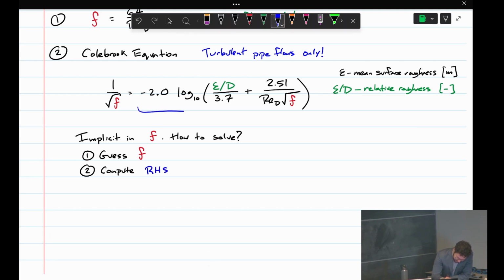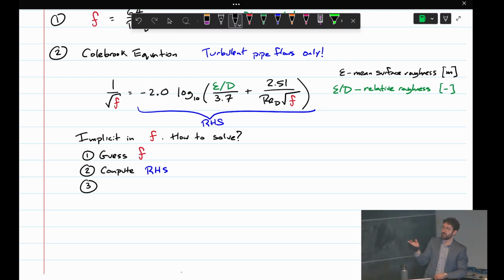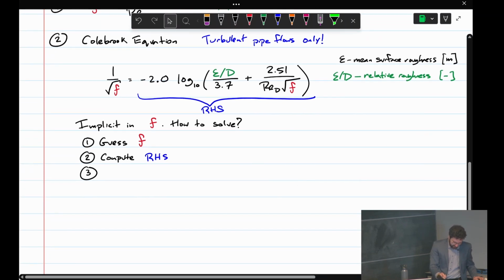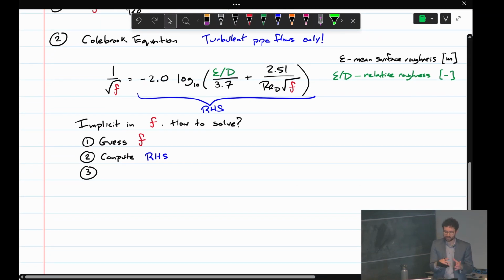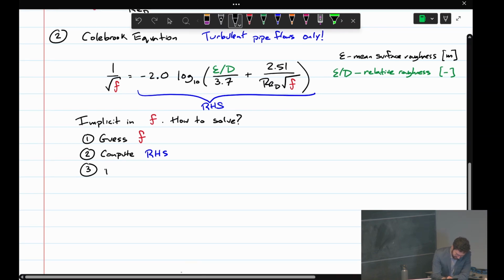The right-hand side of this equation, if you know F, is just a number, so we can evaluate what that right-hand side is after having guessed F. Now we can find F using the left-hand side.